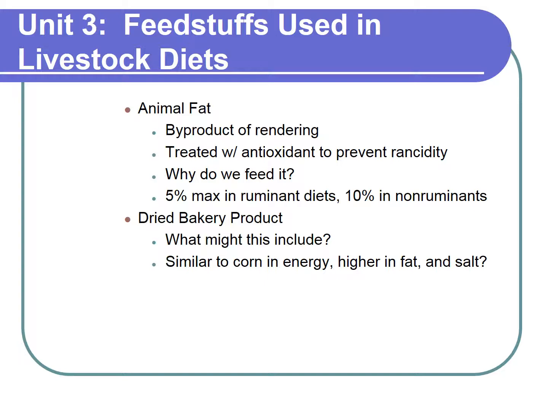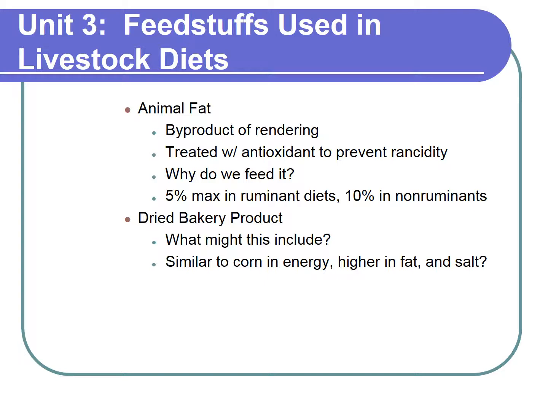And those companies, like Hostess, that makes all those donuts, then make those available for sale at a discounted rate. And some of you might be able to get your hands on something like that because it does have a similar energy profile to corn. It is higher in fat and it is higher in salt. So you have to be careful if you get dried bakery product or some of those byproduct feeds like that, and put them in your ration.